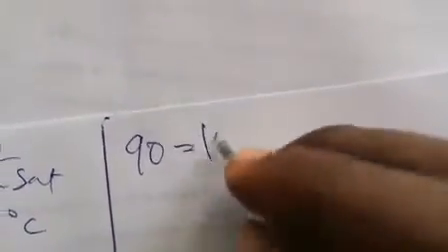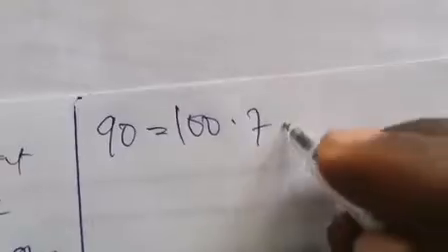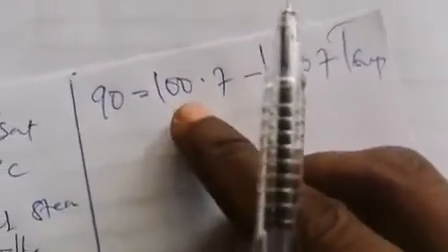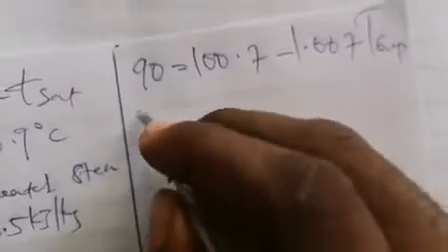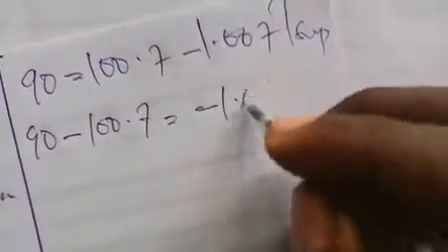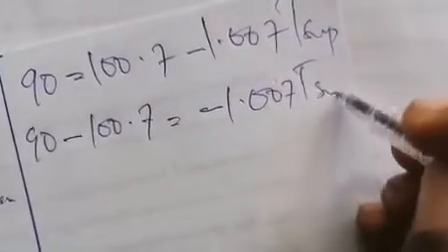That simply gives me 90 equals 100.7 minus 1.007 T superheated. So from here I can send 100.7 over here. I simply have 90 minus 100.7, which is equal to minus 1.007 T superheated.